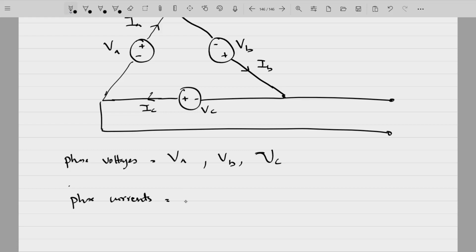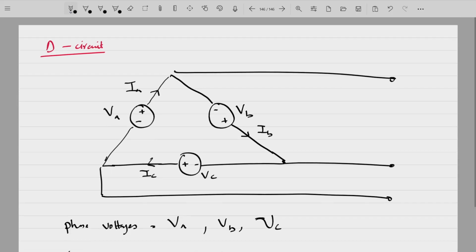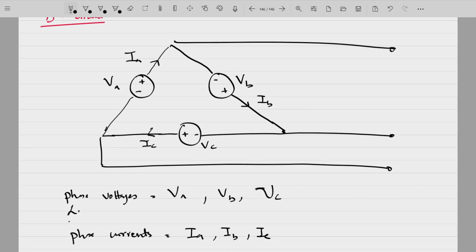Phase currents are IA, IB, and IC. Okay. Now what about line voltage? That's VAB, VBC, VCA, and so on and so forth. That's actually the voltage between a line and a line.